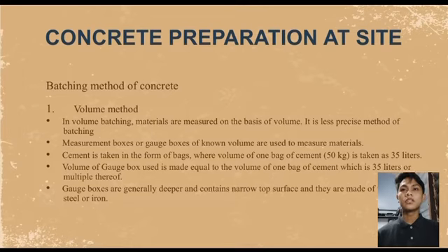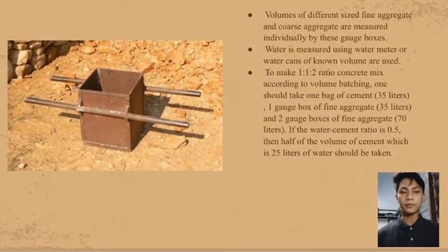Gauge boxes are generally deeper and contain a narrow top surface, and they are made of timber, steel or iron. Volumes of different sizes of fine aggregate and coarse aggregate are measured individually by this gauge box. Water is measured using a water meter or water cans of known volume.